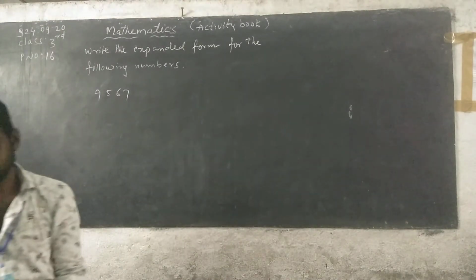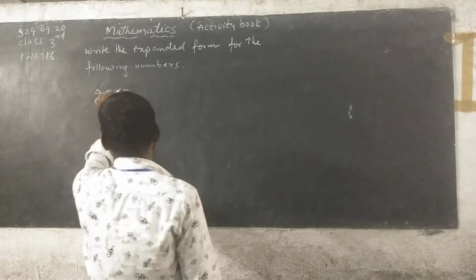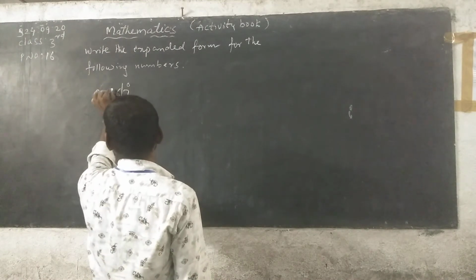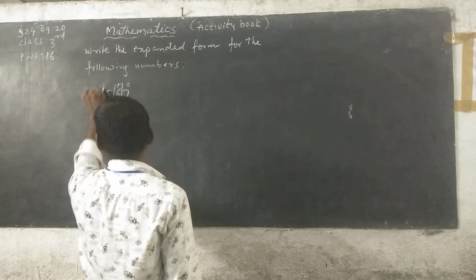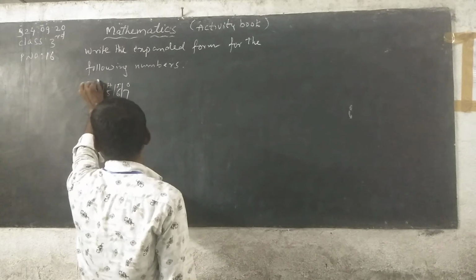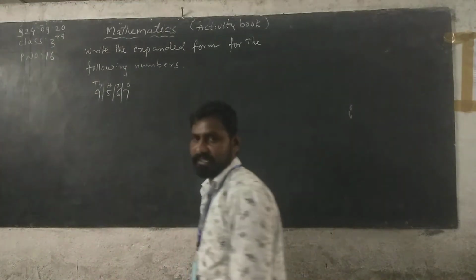9567. See here, 7 is in the ones place, 6 is in the tens place, 5 is in the hundreds place, 9 is in the thousands place.